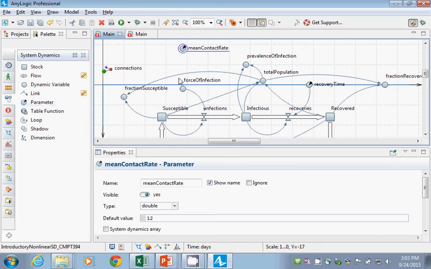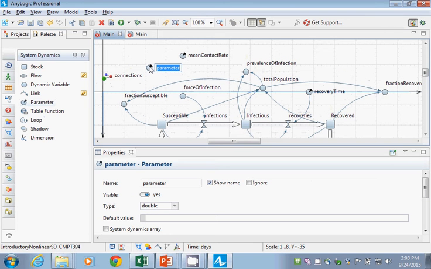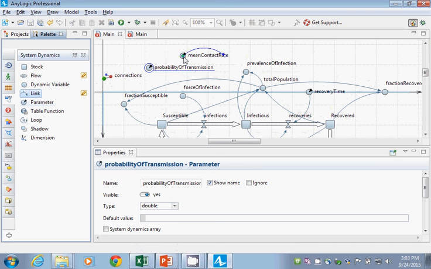So, ladies and gentlemen, for the force of infection, we need one more component, which is the probability of transmission. And that's probability of transmission from a susceptible to an infective. You may even want to say that. So, force of infection will depend on all these things.